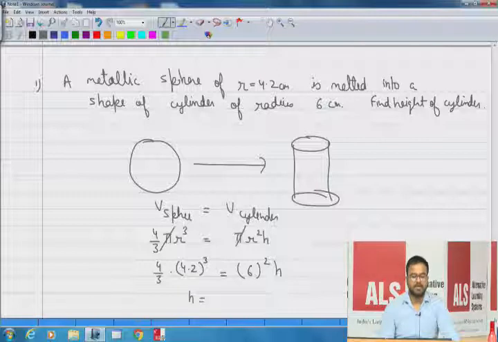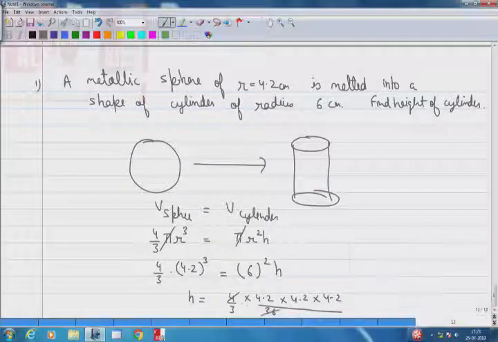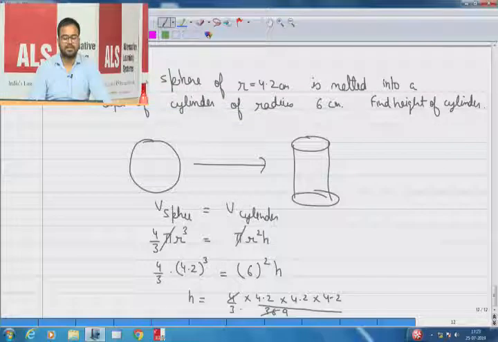So height will be equal to 4 by 3 into 4.2 into 4.2 into 4.2 divided by 36. 4 by 9 times, so 3 will cancel out, 1.4 times. This is 9, so it can be cancelled out 3 times 1.4 and 3 times 1.4.